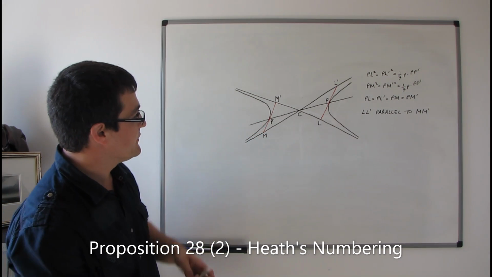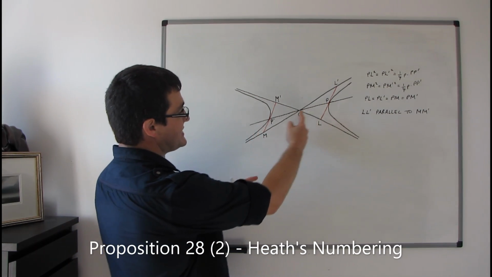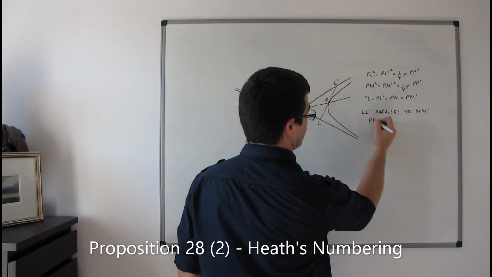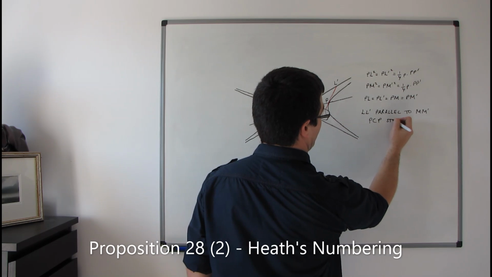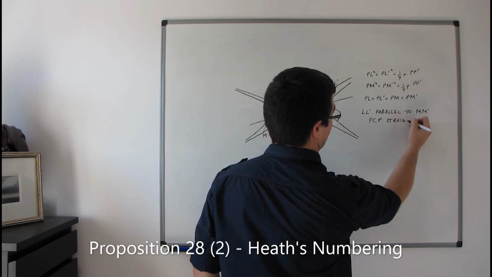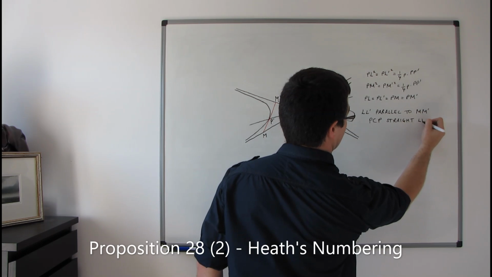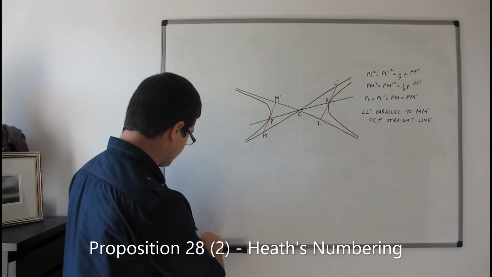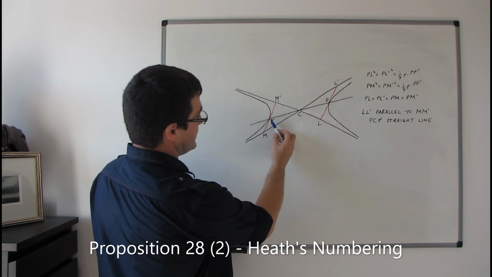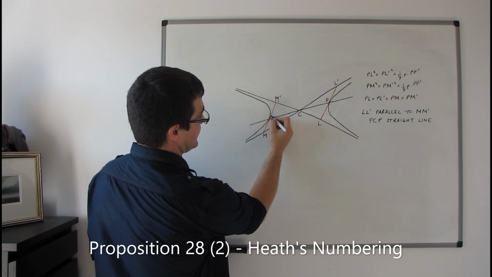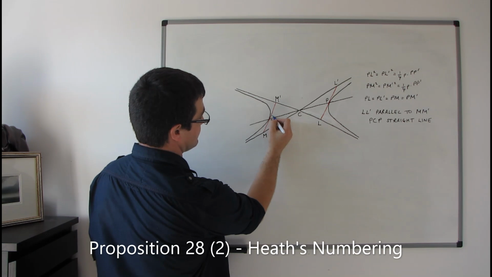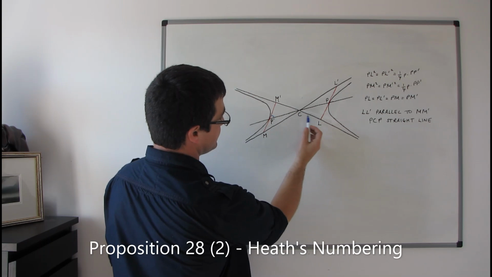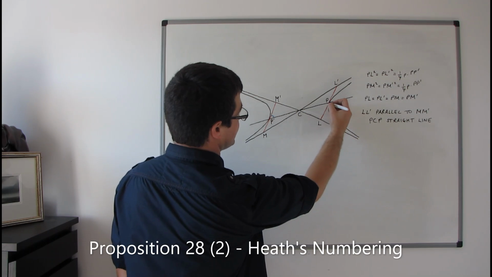Okay, and we've also got that obviously P C P primed is a straight line. So therefore, let's get a different coloured pen. The angle here, so angle M primed P primed C is going to be equal to the angle LPC.